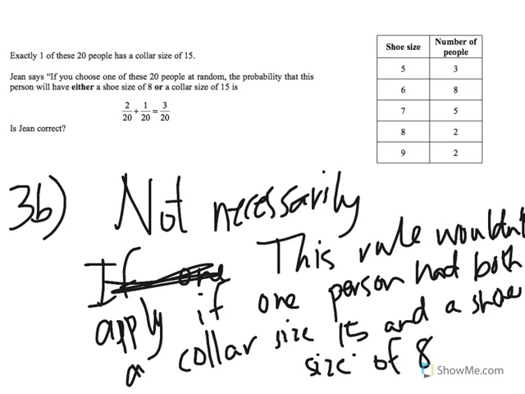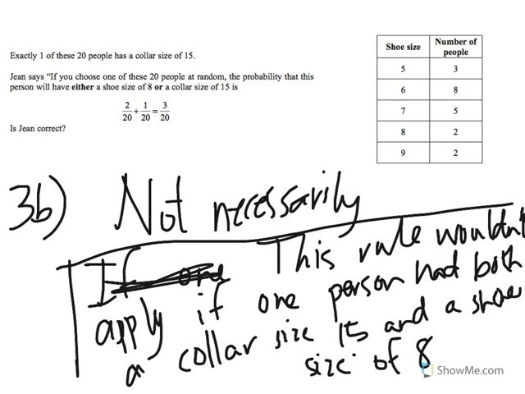And that's the reason. For this question, you can have 3 different answers. You can have yes, no, or not necessarily. But as long as it's backed up correctly, then it's fine.